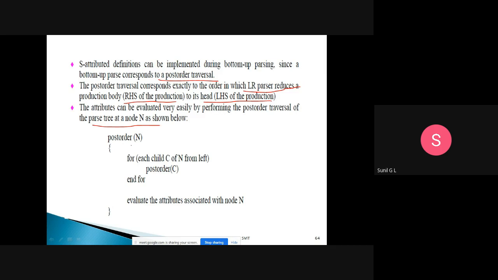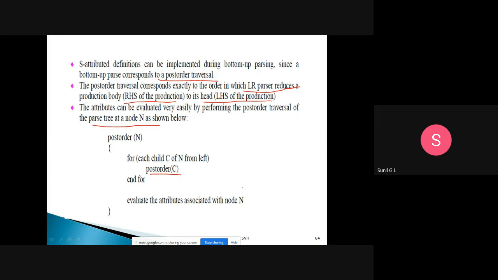How does post order traversal work? For each child C of n, from left, post order is nothing but left, right, then go to root. That's all: left, right, root. This is the evaluation of the S attributed definition.